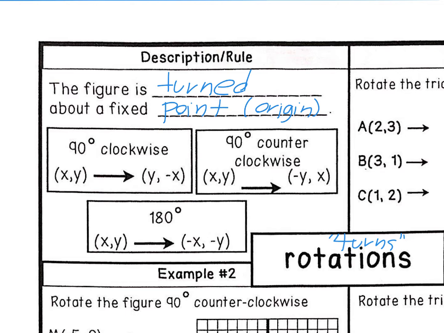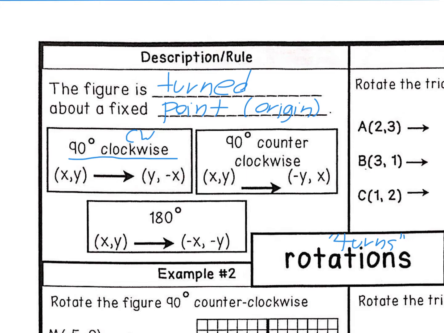Now there are a few rules for how we're going to rotate things around our origin. We can have 90-degree clockwise rotations, designated by clockwise or CW, wherein we're going to swap the positions of x and y, and we're going to make the former x negative.